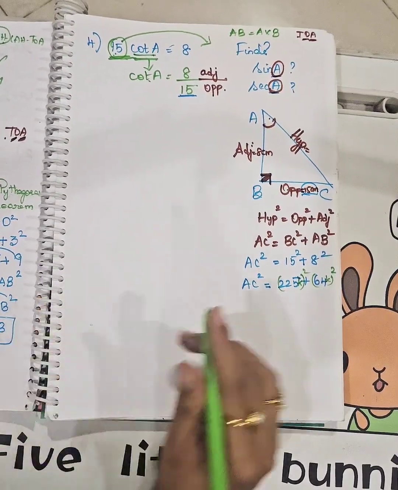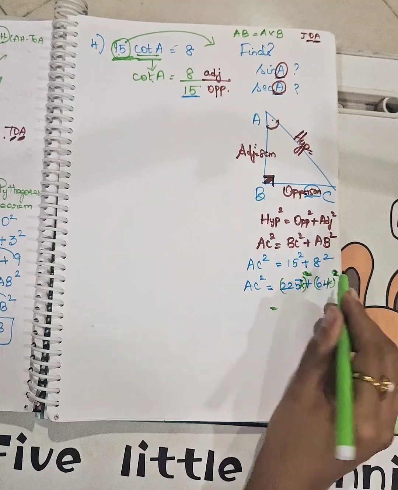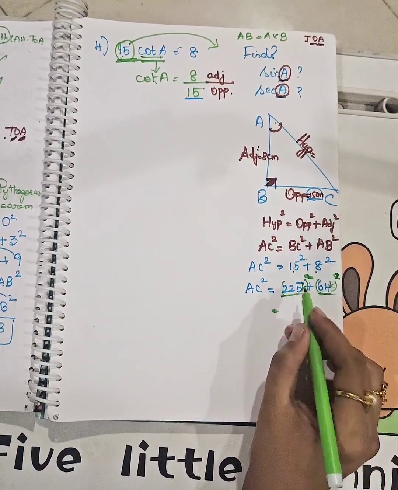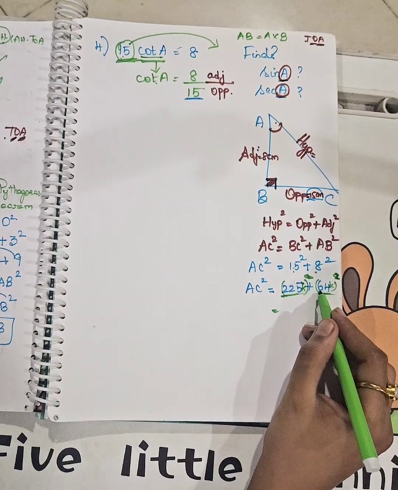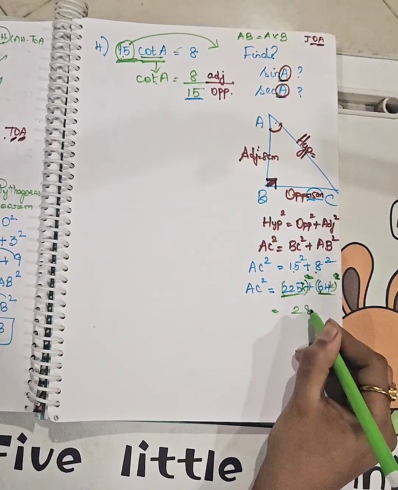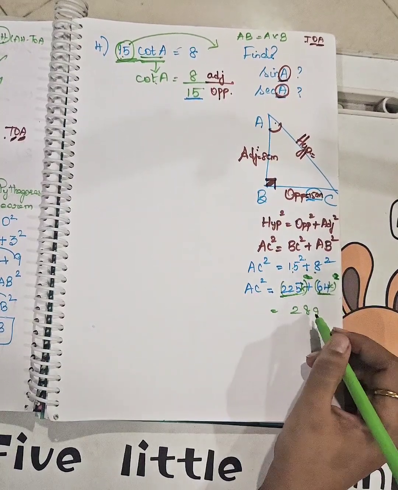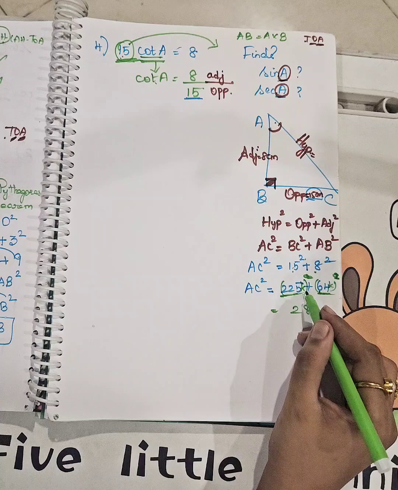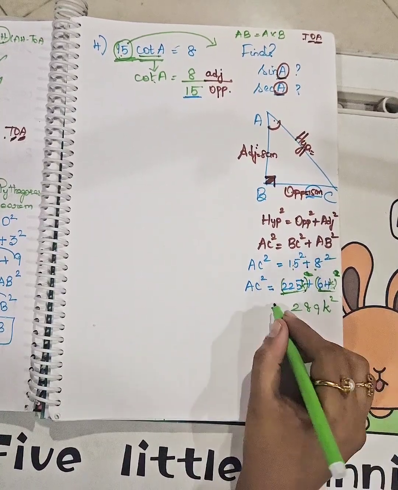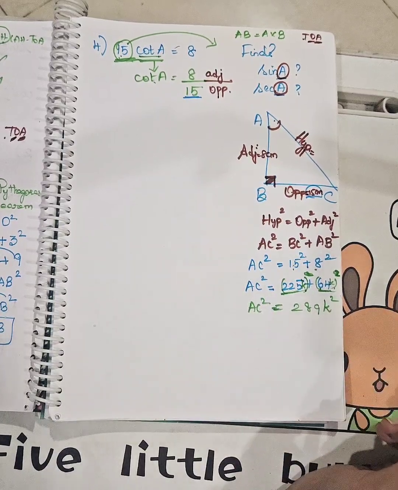If you add 225 and 64, your answer would be 289. Hope you can understand, students. Here also k square, so now AC square is equal to 289.